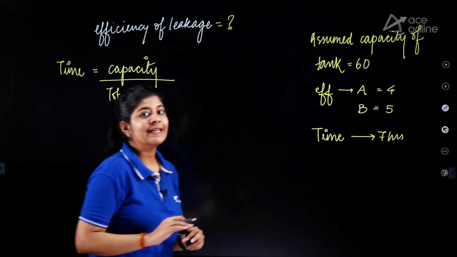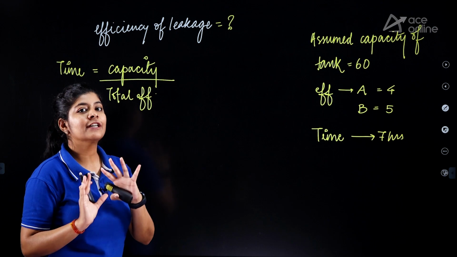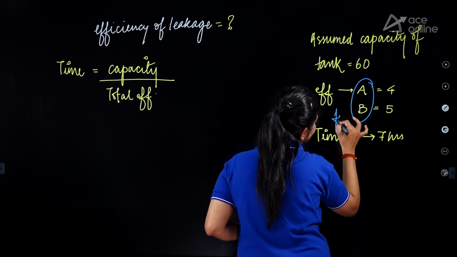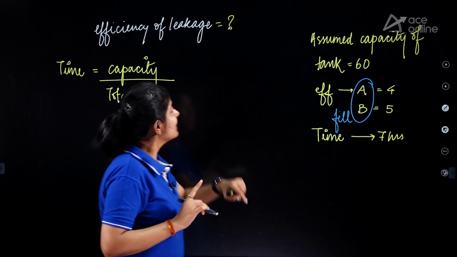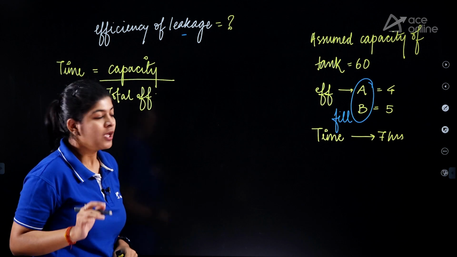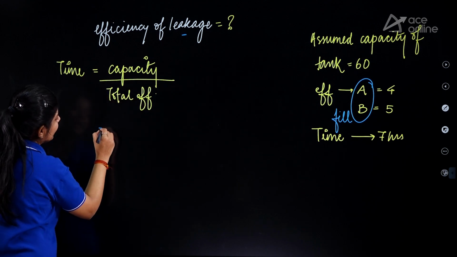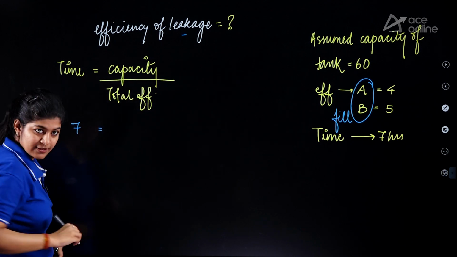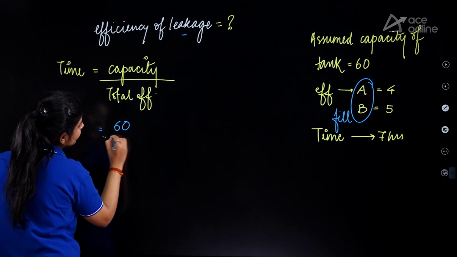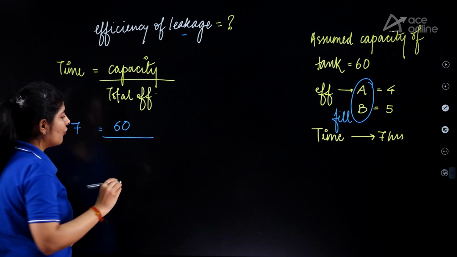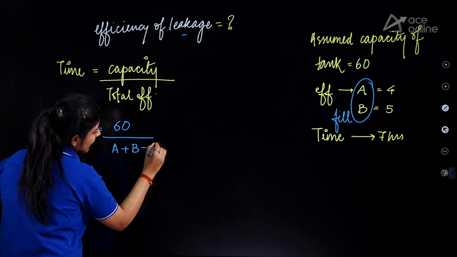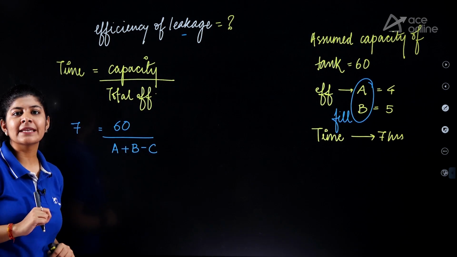Now if all three are working simultaneously, both pipes are filling the tank and the leakage will empty the tank. So the time taken is 7 hours to fill the complete tank, the capacity is 60, and the efficiencies of A and B are added. Why are we writing minus C here?